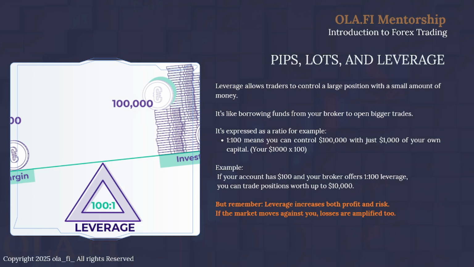So leverage allows traders to control a large position with a small amount of money. It is technically like borrowing funds from your broker to open bigger trades. It is expressed in ratios. In the alphabet, when you use a colon, it usually means a continuation of something, or you're trying to describe something.